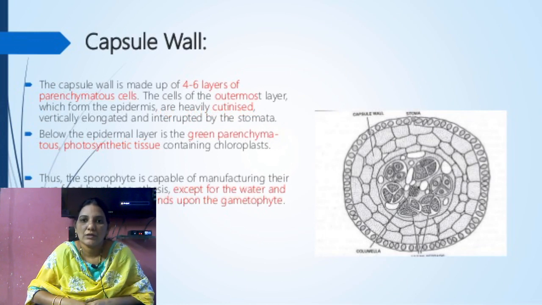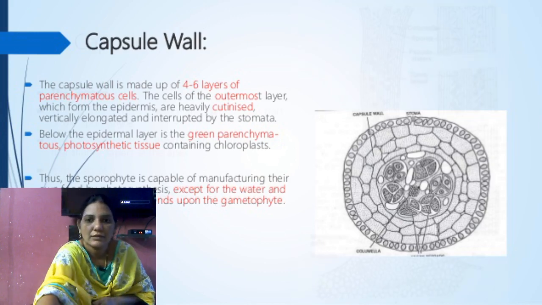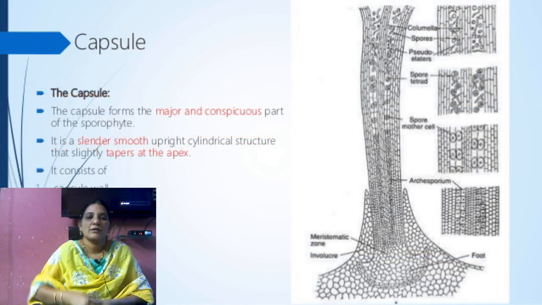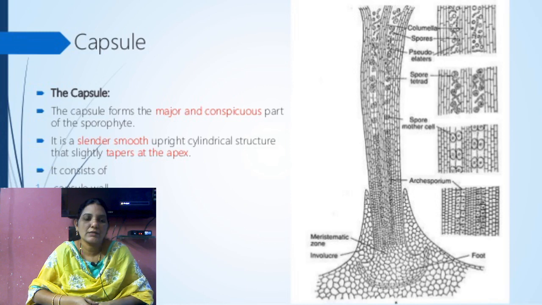The tetraspores are separated from each other, and they form single haploid spores.